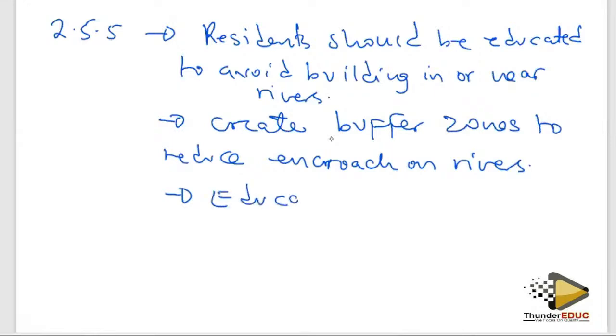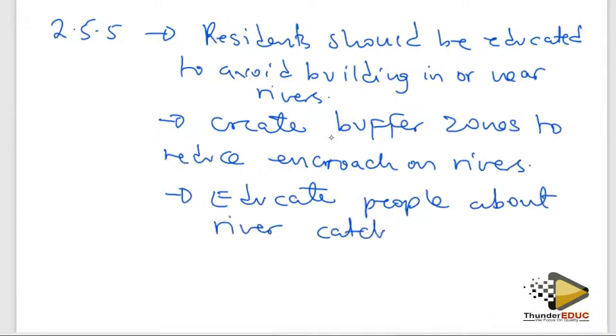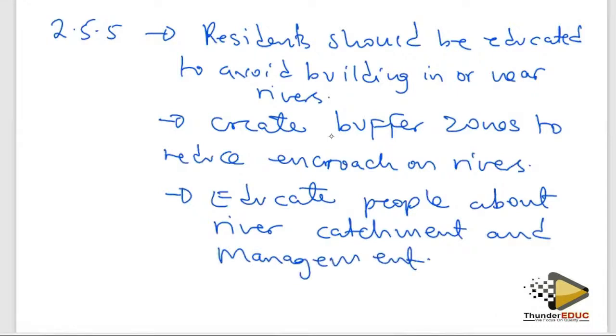Educate people about river catchment and management.